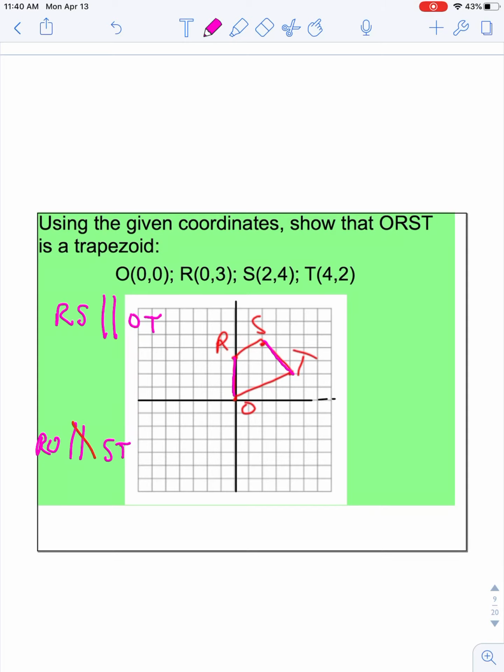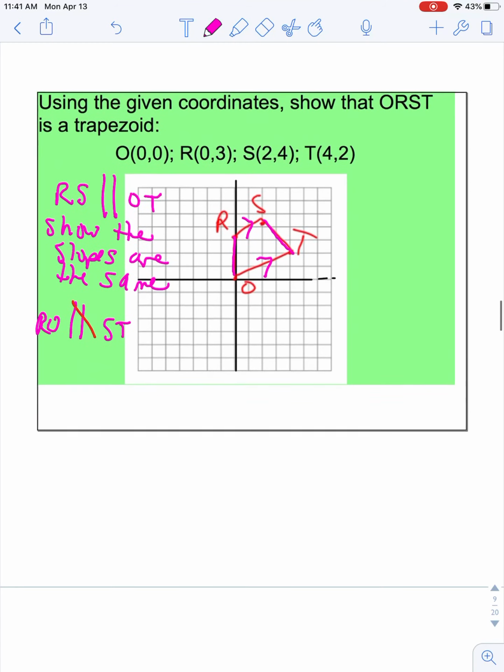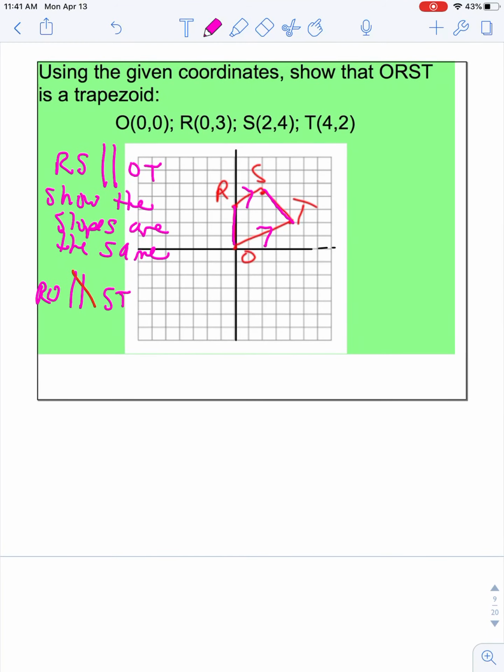Now, how do we show the lines are parallel? How do I show that RS is parallel to OT? Well, I show the slopes are the same. And vice versa, I need to show the other slopes are not. So I'm going to find the slope of RS, and I'm going to find the slope of OT.